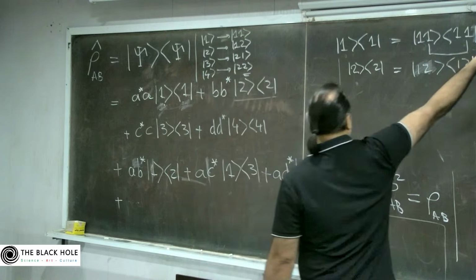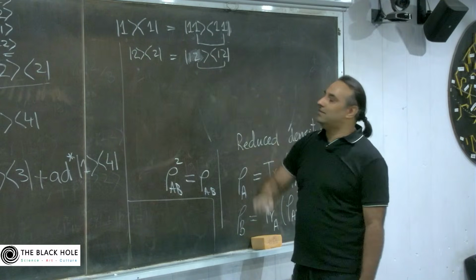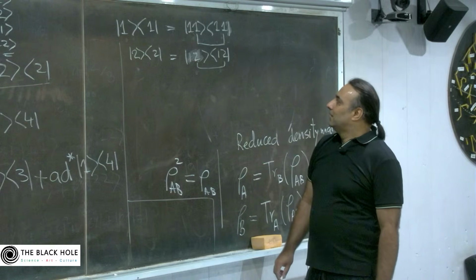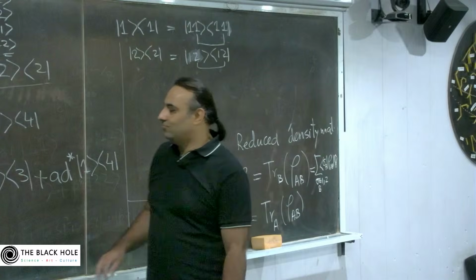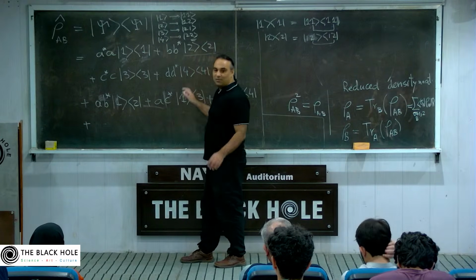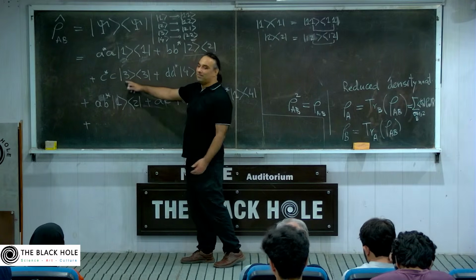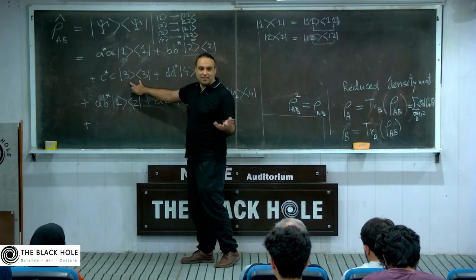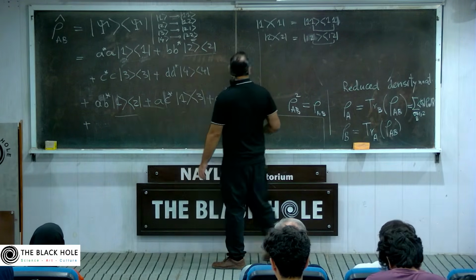I'm not sure if it's consistent with the previous, but here again it's diagonal in the states of B. So we'll keep that, and all these diagonal terms will be diagonal in B as well. So this 3, because it's the same state over here and here, must be diagonal in B as well.